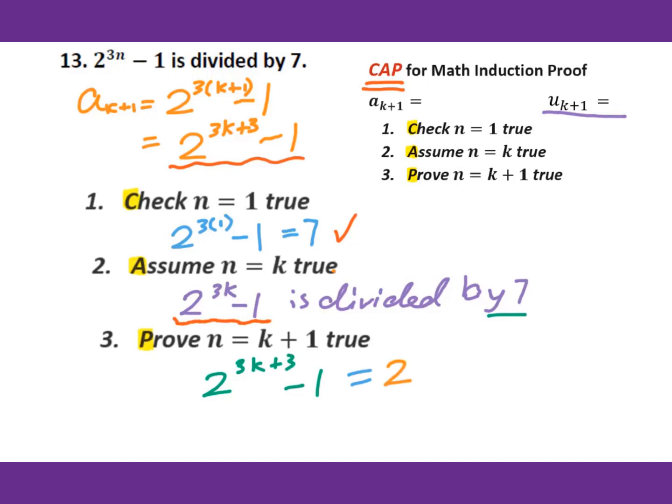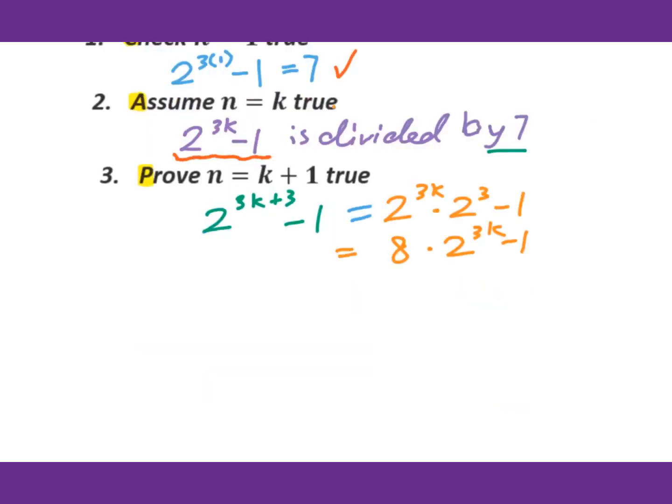Then we get 2 to the 3k times 2 to the third power minus 1 equals 8 times 2 to the 3k minus 1. In your mind, you need to know you have to create 2 to the 3k minus 1.